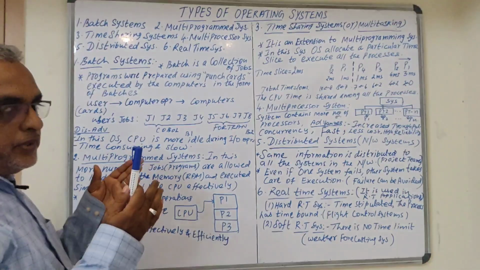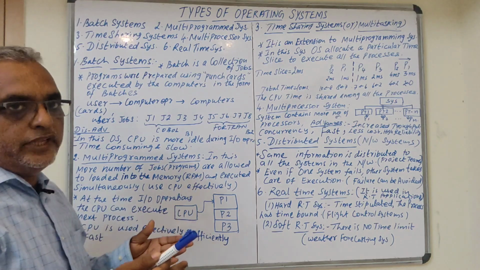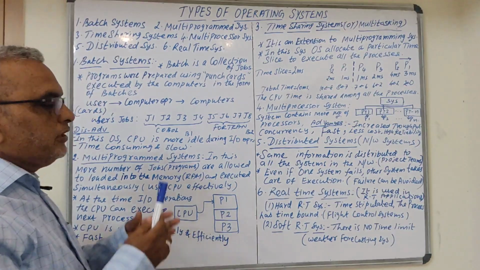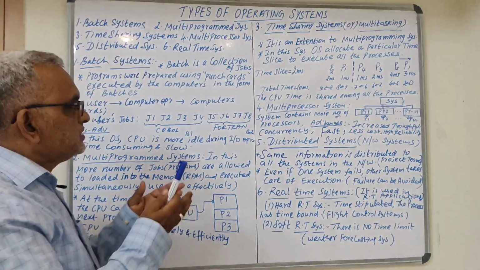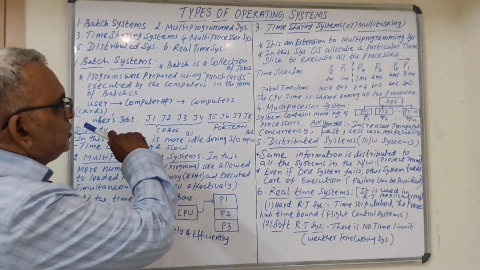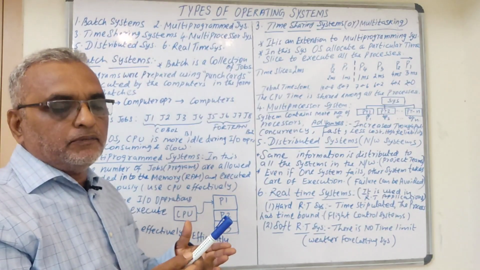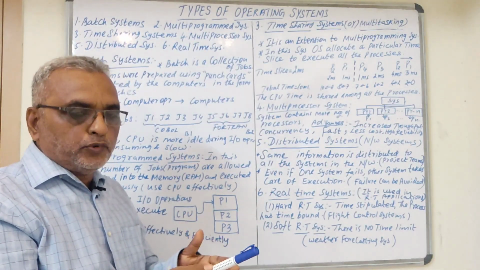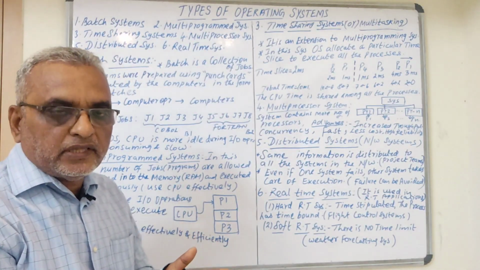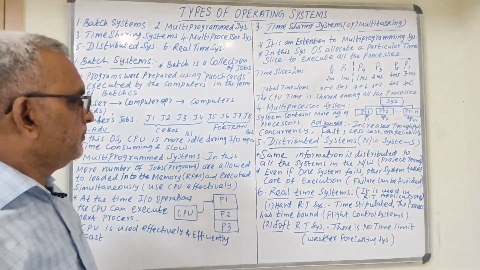The programs prepared by the user are given to a computer operator, and the computer operator submits the jobs or the programs to the computer. After execution, the results will be produced by the computer, collected by the computer operator, and given to the user.